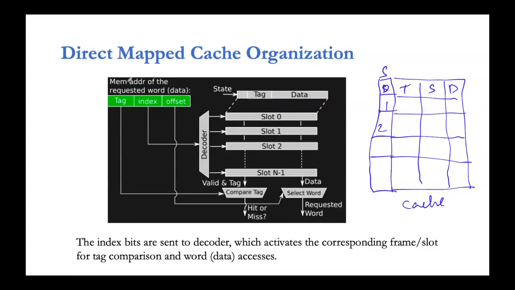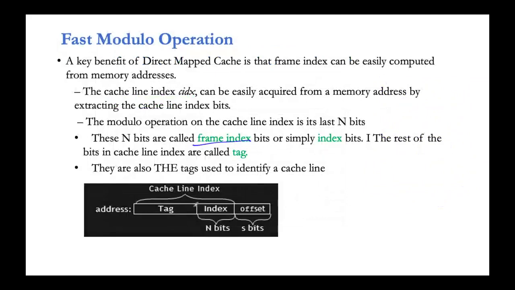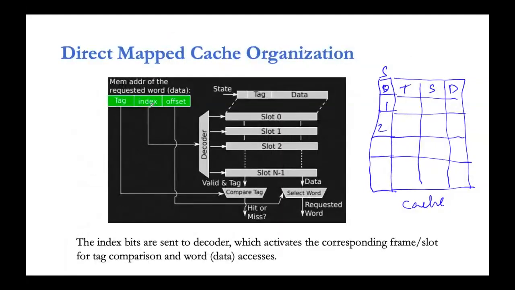In direct mapped caching, for whatever memory address is requested by the CPU, it first takes the index bits.